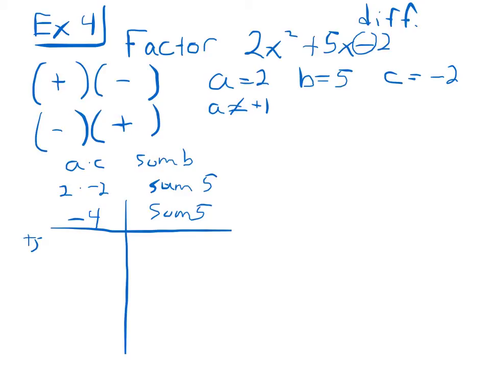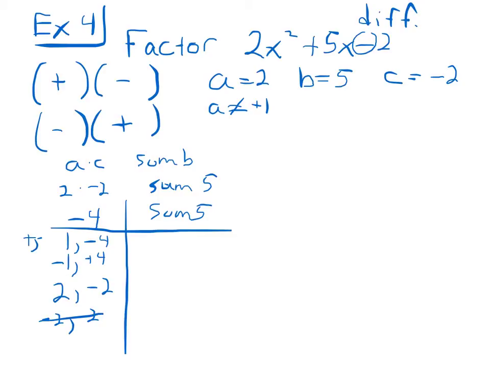So what multiplies to get negative 4? Well, I have a positive 1, negative 4. I also have a negative 1 and a positive 4, right? And then my only other factor pair are 2 and negative 2. Now, you could say, oh, negative 2 first and positive 2, but these are the same thing, right? You have a positive 2 and a negative 2, so you don't need to list that one at all.